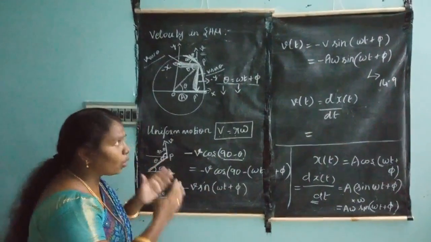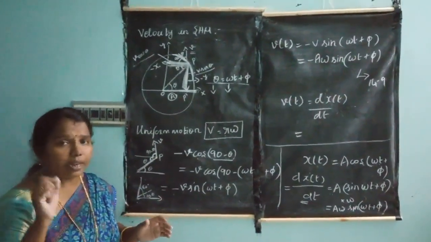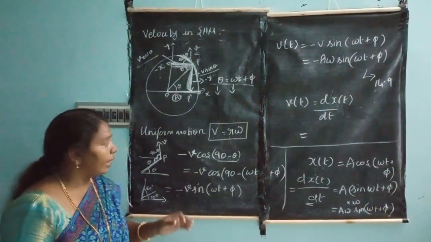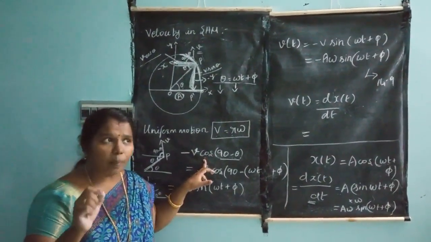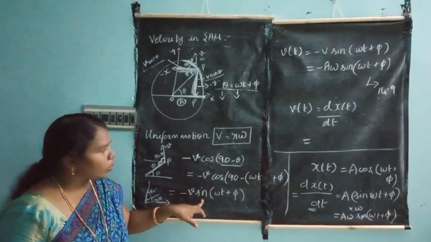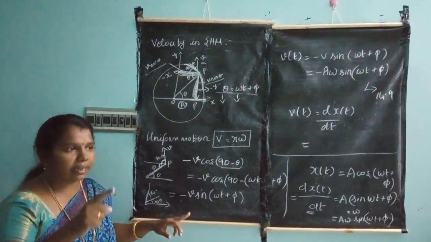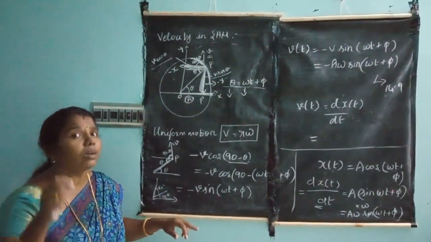These are not in your book, so I am demonstrating them in an explained manner. So take your pencil and note all those points. Note the trigonometric function: cos 90 minus theta is equal to sin theta.